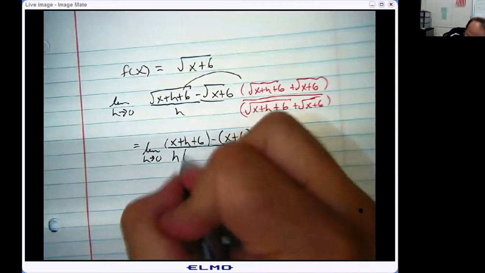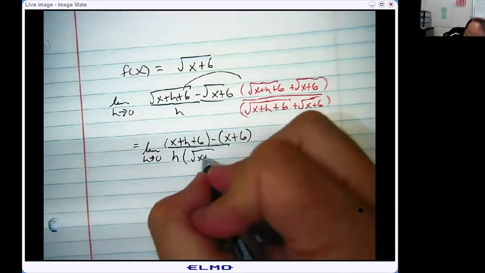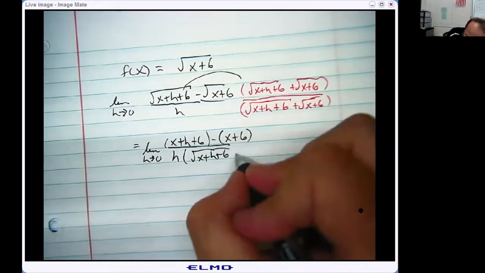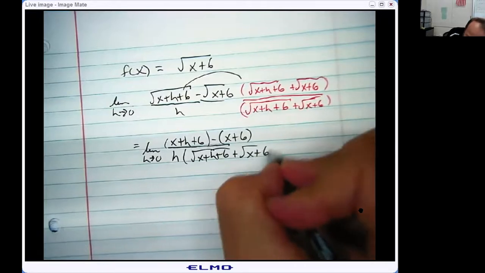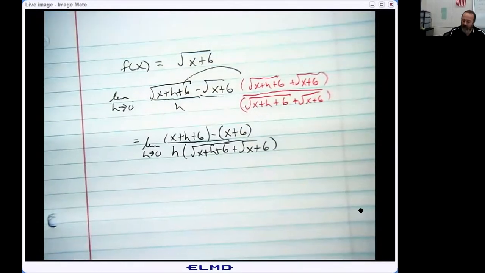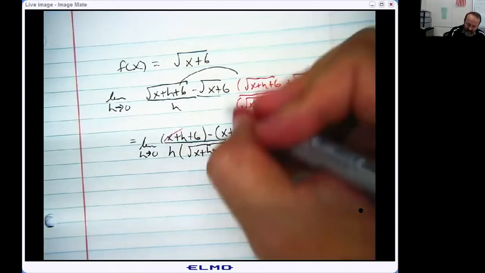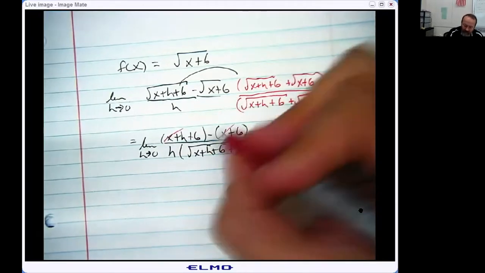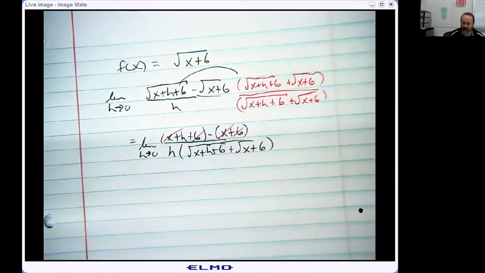And remember, we're not even going to deal with the denominator. We're just going to let it hang and hope that it gets better. Now, what happened that's kind of nice is I've got an x here and a negative x here. I've got a positive 6 and a negative 6. Well, that's crazy. The only thing left in the numerator is h.